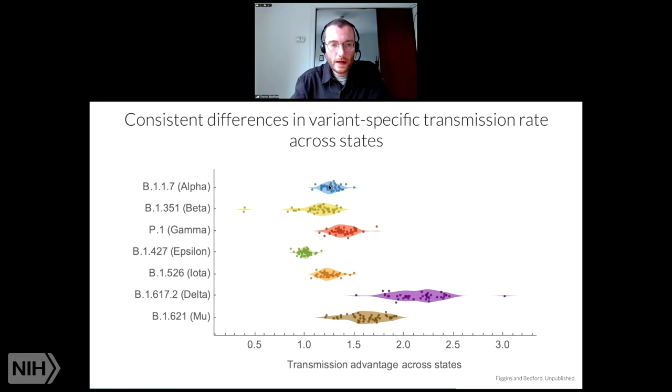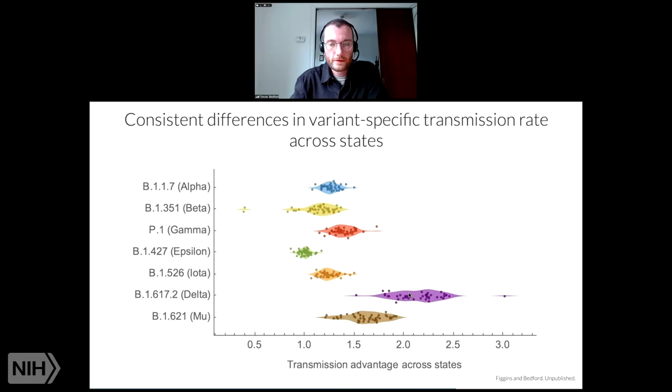If we look here at alpha, we see that it has a transmission advantage relative to non-variant viruses of perhaps 1.3 or so, a little less for beta, a little more for gamma, a bit more for mu at perhaps 1.6 or so, but really delta is the standout here, where it's about 2.2 times more transmissible than non-variant viruses.